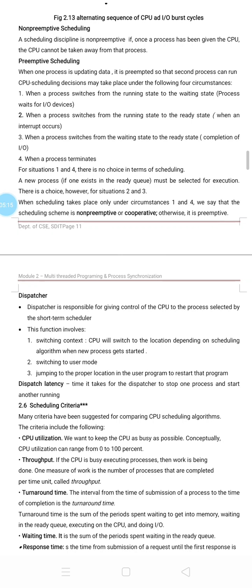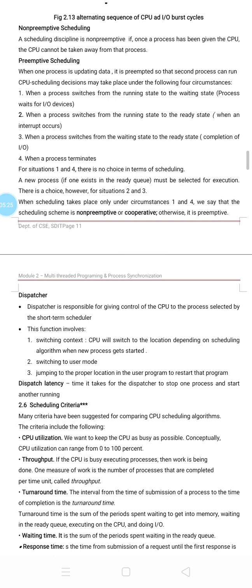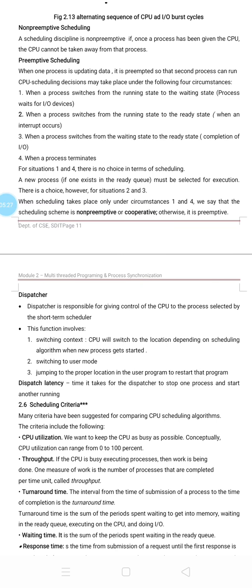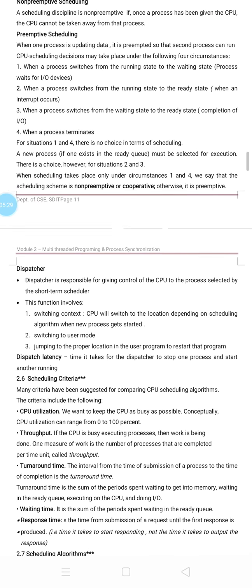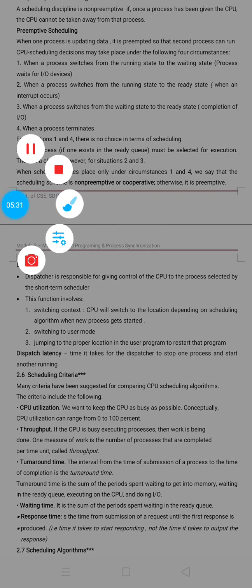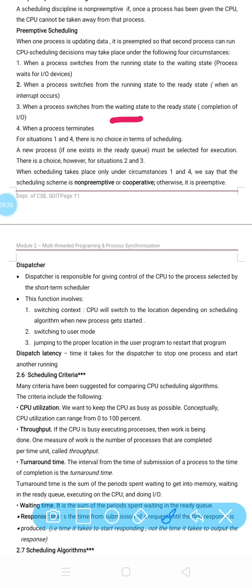Second, when a process switches from running to ready, when an interrupt occurs, or whenever a higher priority process comes in, the process will switch from running to ready state. Third, when a process switches from waiting to ready: the process was doing some input output operation, and when it has completed that operation, it goes from waiting to ready.